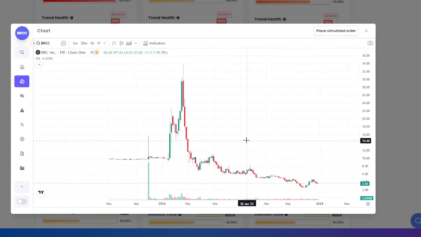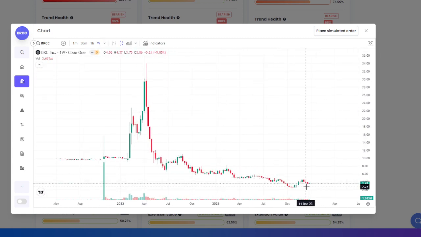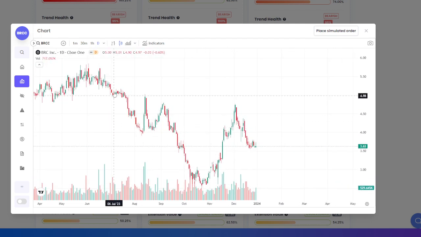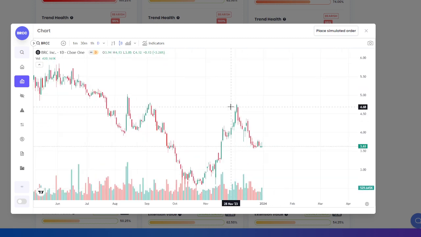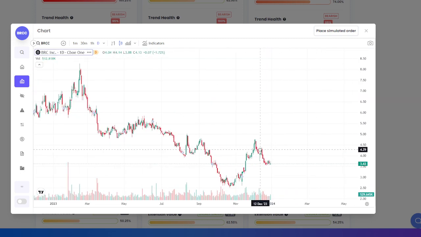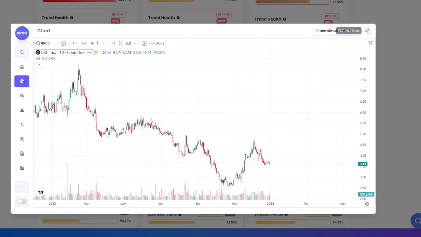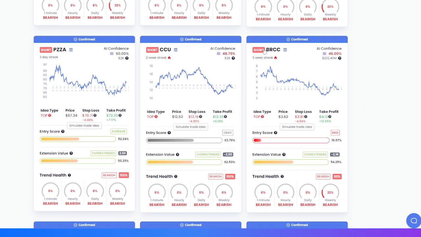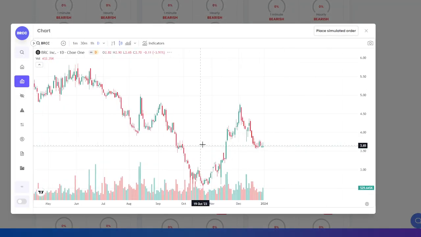So it's risk free almost. As you can see, this stock just keeps going down, so it's basically good for shorting, and it's basically risk free because it'll keep going down. But the reason why the AI confidence is lower on it, like 46%, is because you've missed this move.